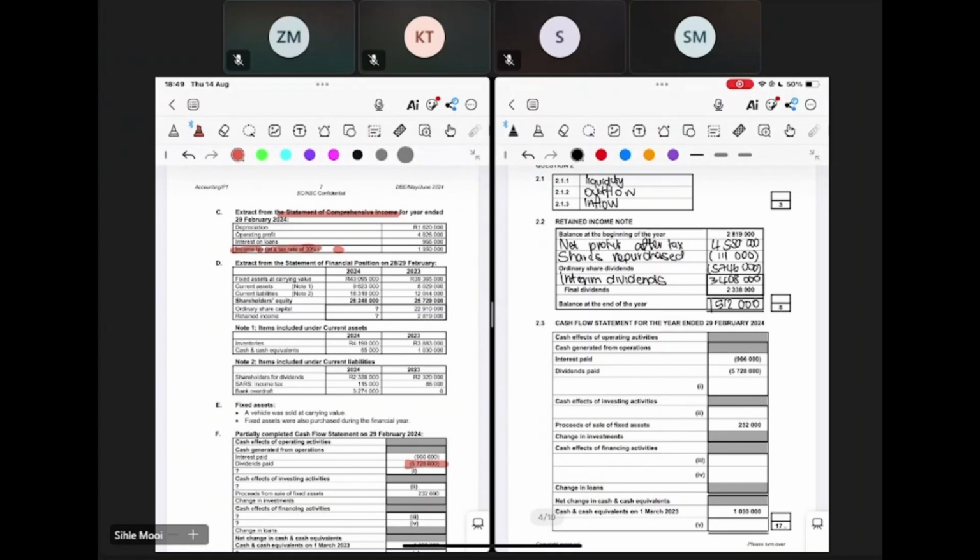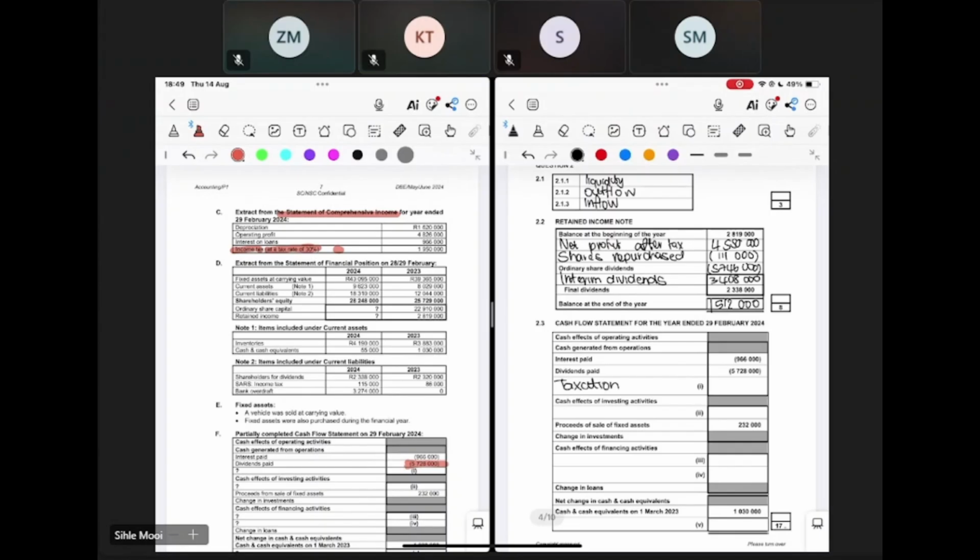We have cash generated from operations, we have interest paid, we have dividends paid. What's missing? Taxation paid. Taxation paid is missing.